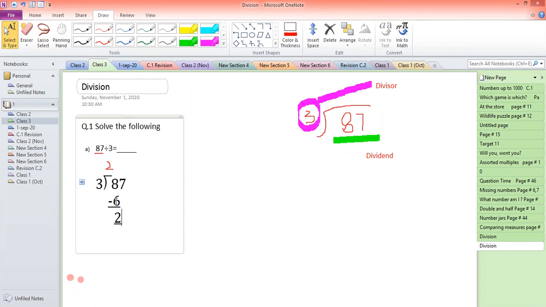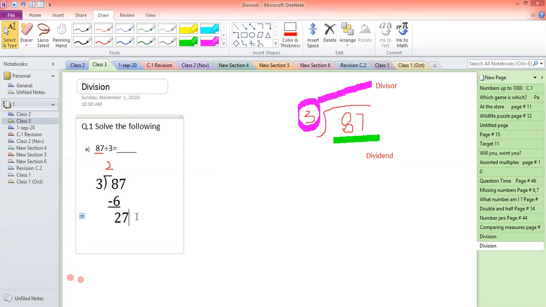Now, how many 3's are there in 2? There are no 3's in 2. What you will do then is drop this number down with the 2 and it will become 27. Now check in 27 how many 3's are there, or check the table of 3.